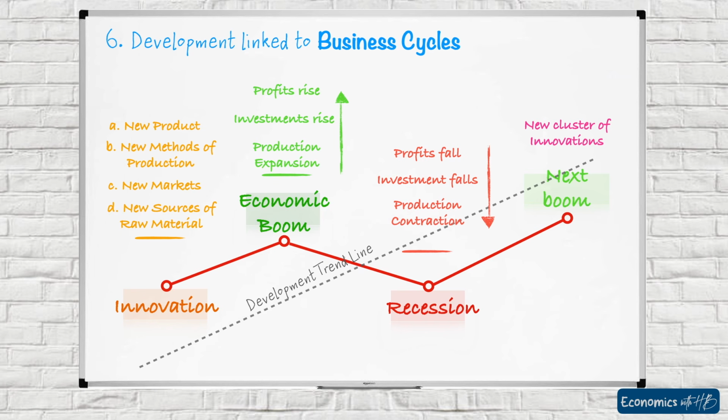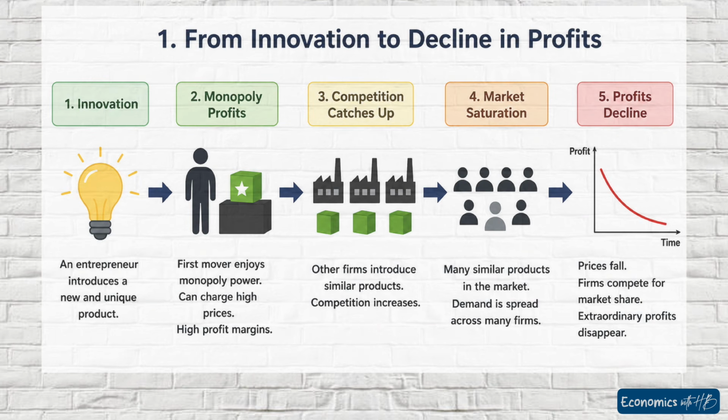If the economy is doing so well, then what pushes it into depression all of a sudden? To understand this, we'll have to understand the concept of business cycles. But without digressing much from our topic of Schumpeter's theory, we can say that when an innovation happens, it creates monopoly profits for the innovating entrepreneurs.